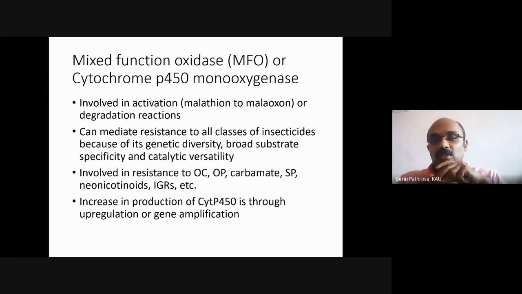In one of his papers, he has written that it is a group of enzymes which has genetic diversity. That means it is genetically determined by a diverse array of genes, not a single gene contributing to the formation of this enzyme.